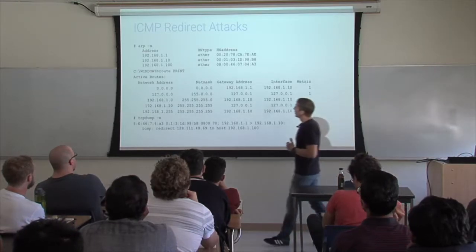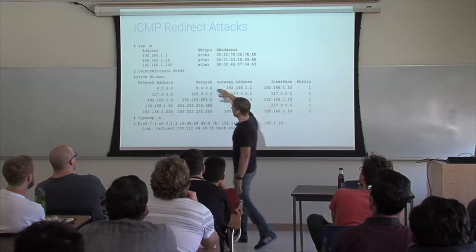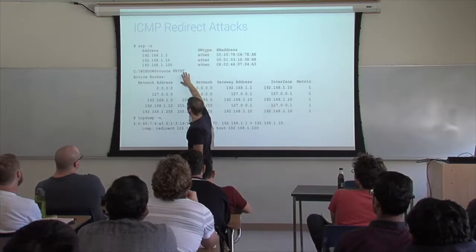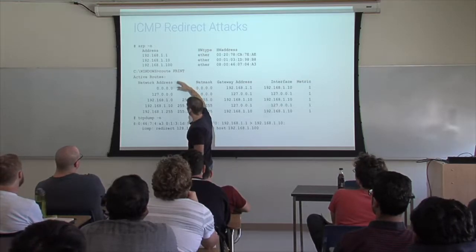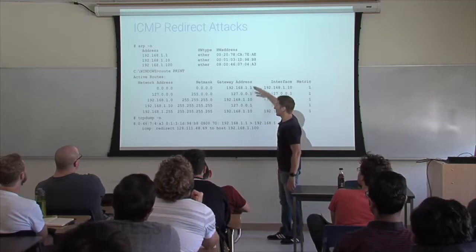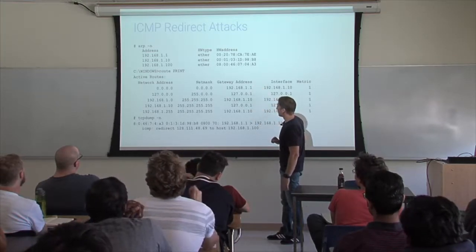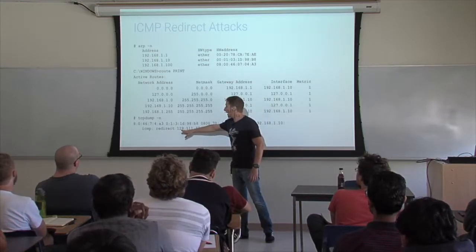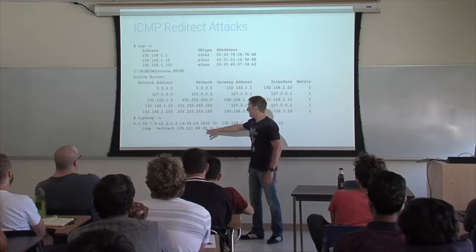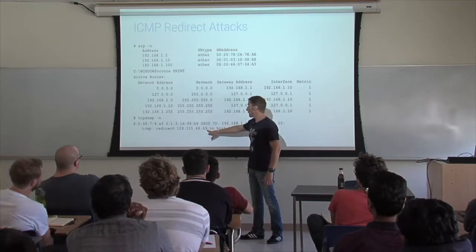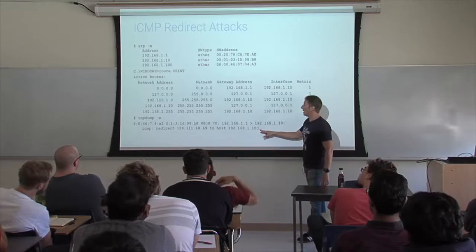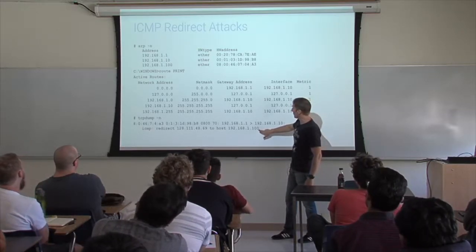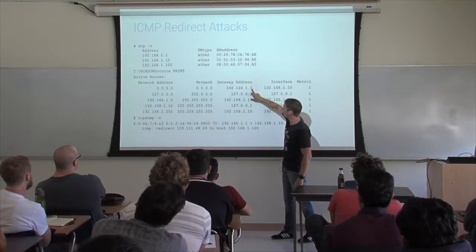So here, for example, you have an example. On a Windows machine, because not all machines are vulnerable to these types of things, the route is pretty standard, okay? But you generate an ICMP message that redirects traffic for 128.1.1.48.69 to host 100. Currently, otherwise the default gateway would be 192.168.1.1.